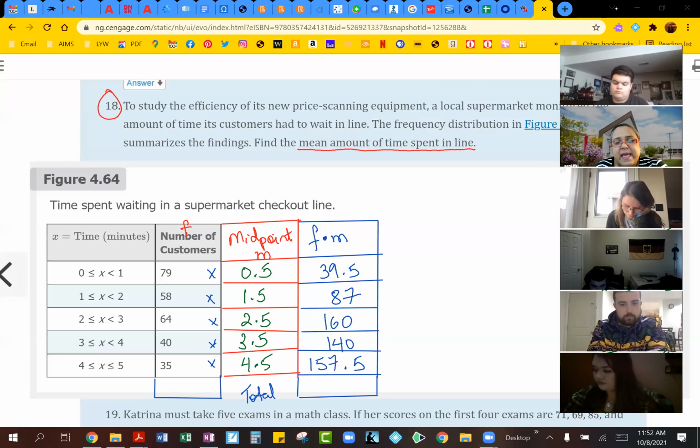So F times M, what does that total come out to be? And then how many customers do we have? So get those two answers ready. I'll give you guys a little bit more time to add up the frequency column.